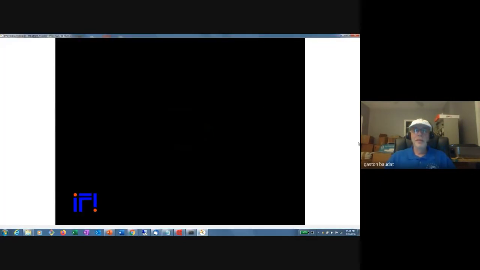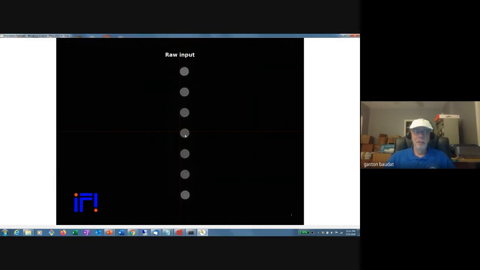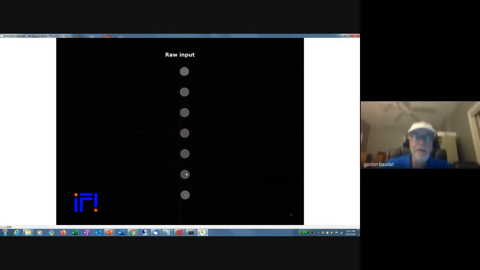So what you will see here, you see now I have my 7 pinholes. Now they are not perfectly aligned with the red cross, which is the center of the chip and the optical system. So I'm going to move the stage. That's because temperature changes and such are moving things.